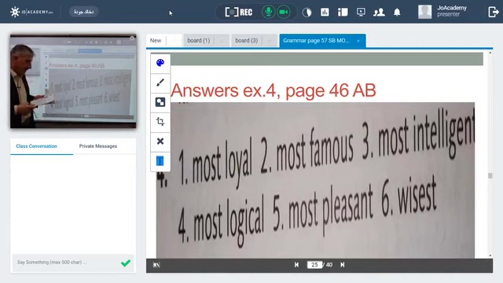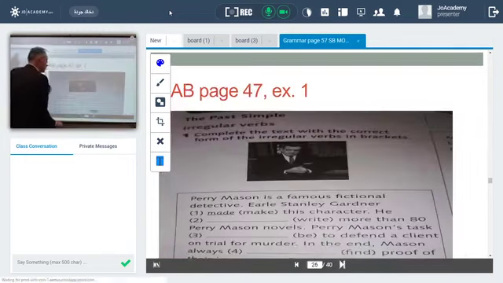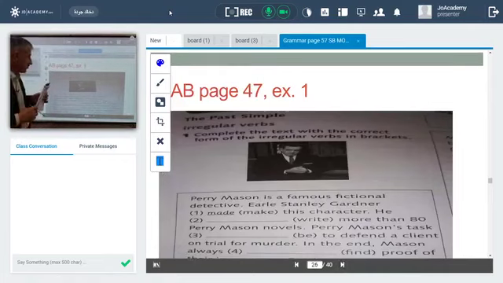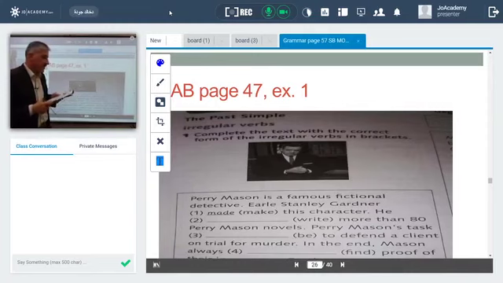Okay. Now we are left with second section, page 47. We have the past simple. We have to talk about quick revision about the past simple. Okay, dear students, I know it's long, but we need to do it today. So we have grammar, the past simple, irregular verbs, page 47.